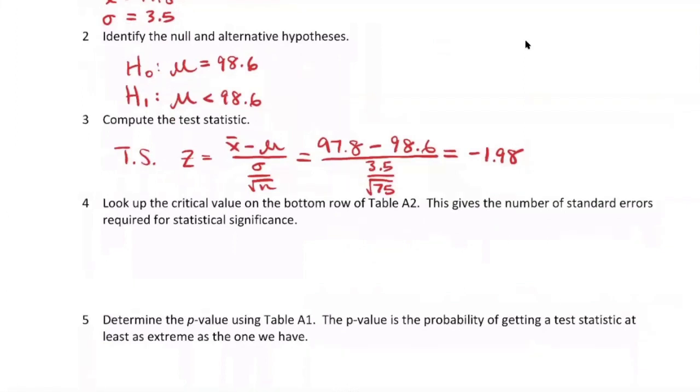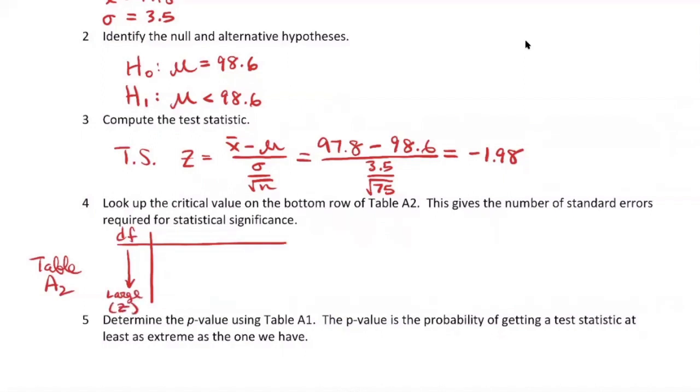So on the bottom row of table A2, that's the one that asks for degrees of freedom. That's for t-tests. Z distributions are just under large here, and in parentheses we write Z. Our alpha was 0.03, I think.